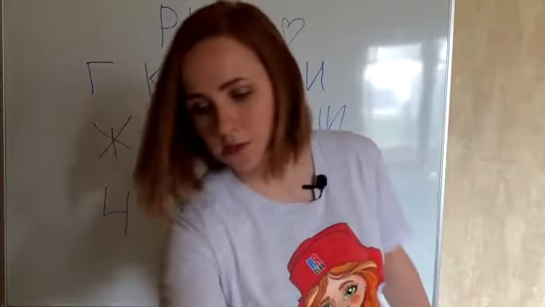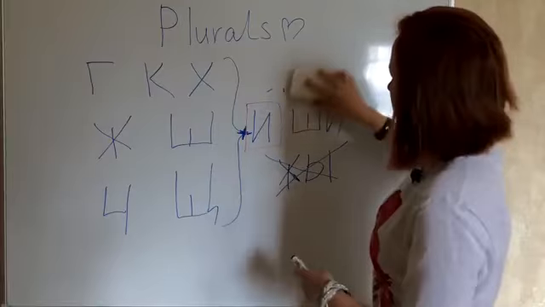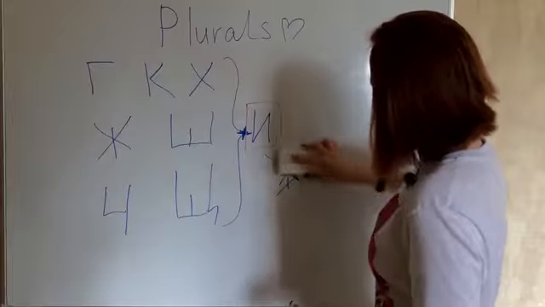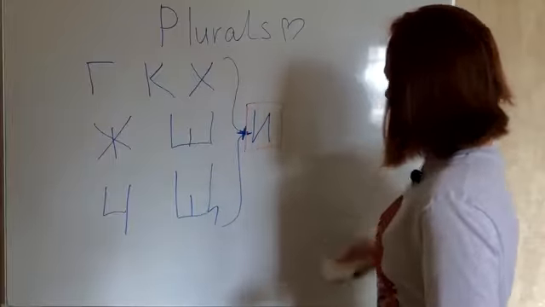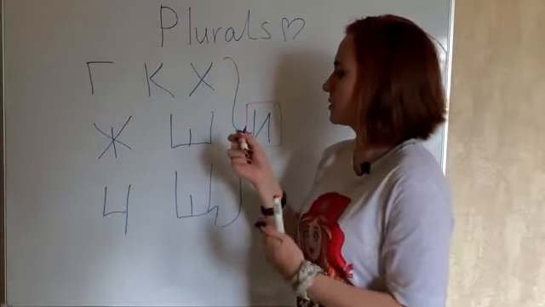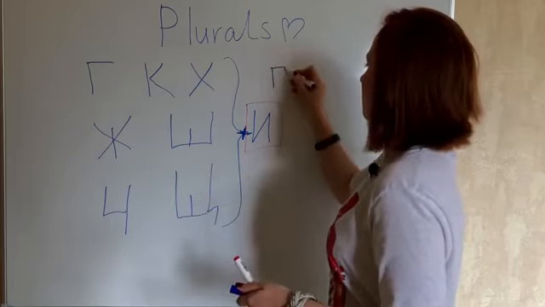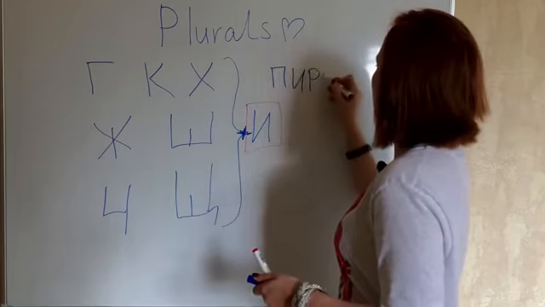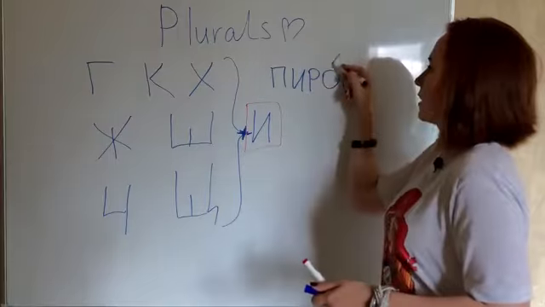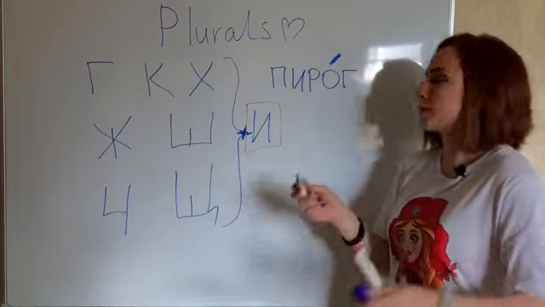So, let's get to some examples here. I hope you wrote it down, because I need some space here. Let's make the word, I don't know, pie. Пирог. By the way, let's get back to our pronunciation rules here. Remember the previous lessons.